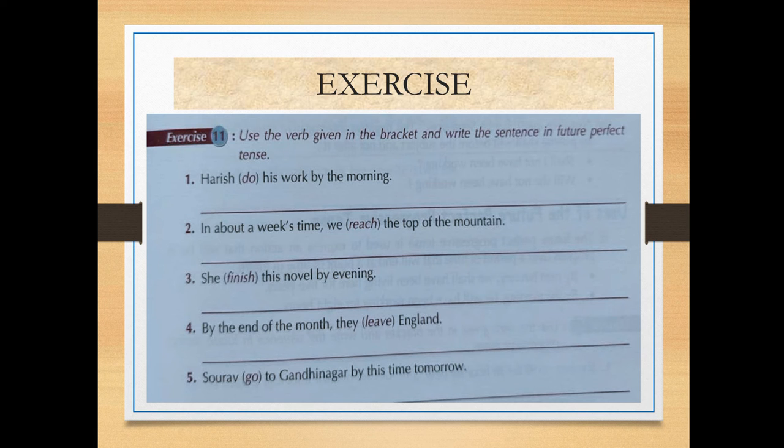Harish do his work by the morning. Harish shall have done his work by the morning. Okay, an action that is expected to be completed by a certain time in future. So Harish shall have done his work by the morning.